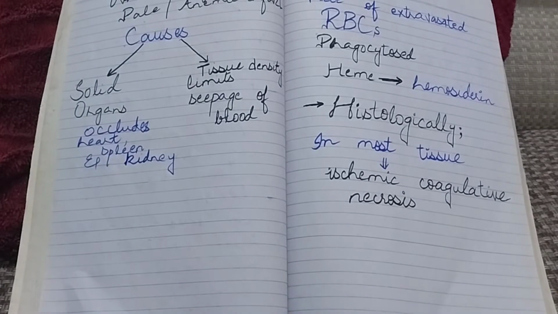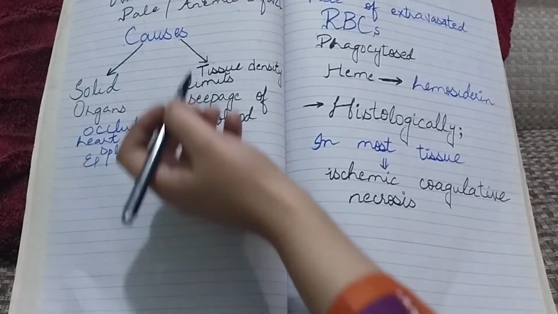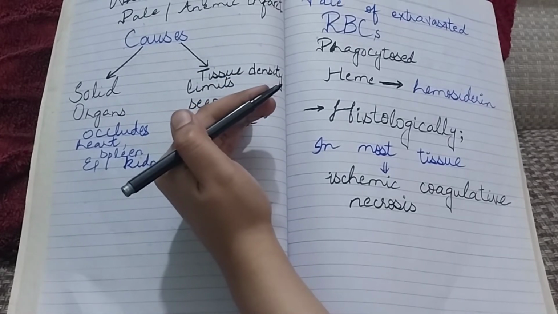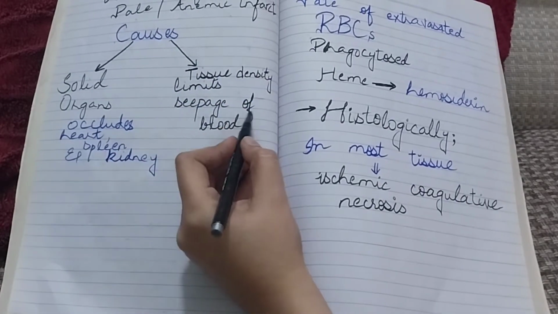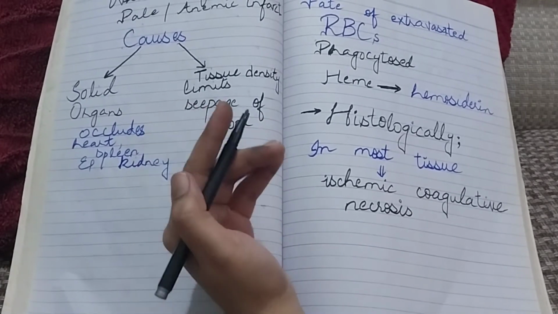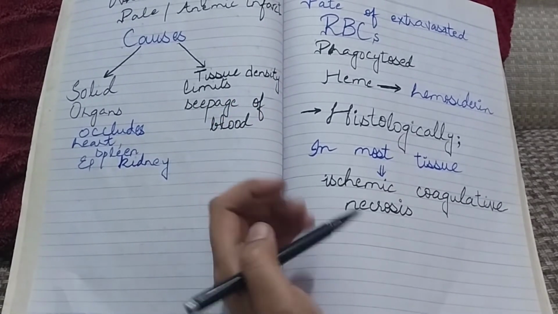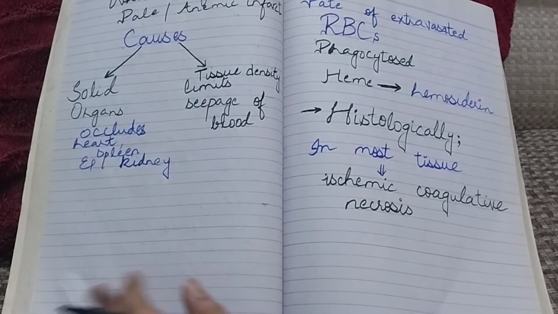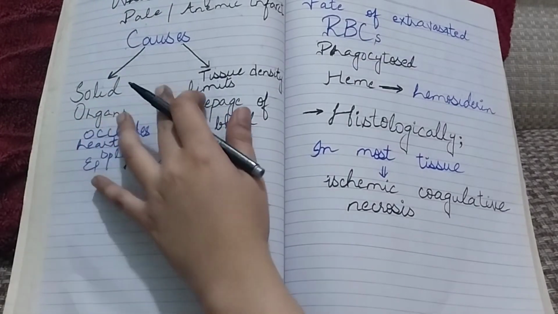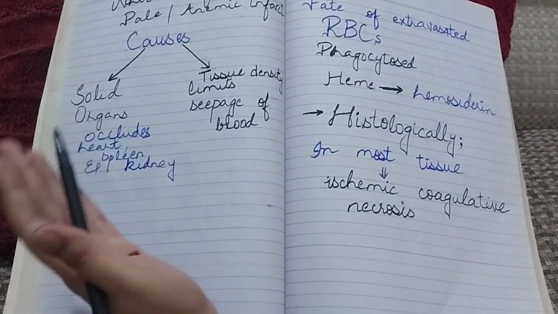Second one is in such tissues that are so dense that their density is not letting the seepage of blood to adjoin patent vascular beds. From the above discussion of red and white infarct, we can compare both types of infarcts.